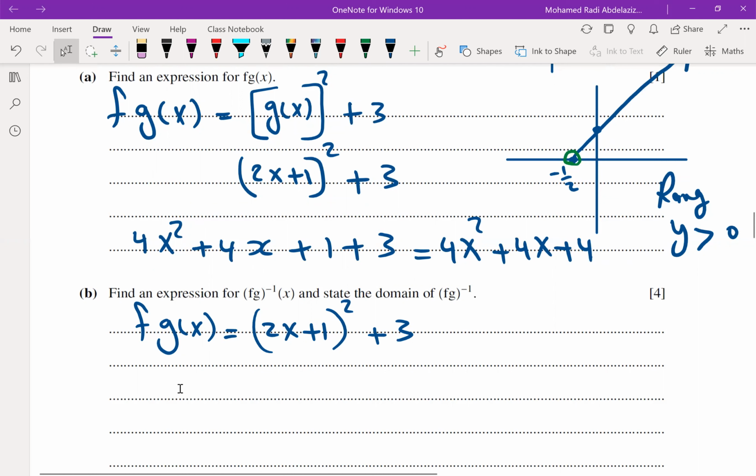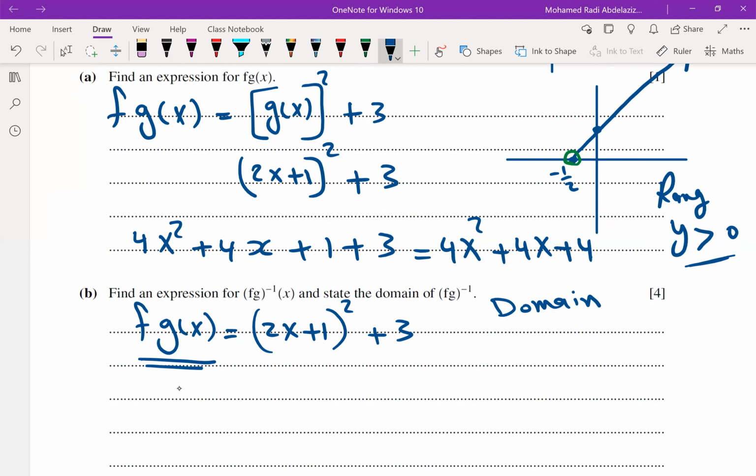The domain of the composite function is the domain of g, or parts of it. So the domain starts from x more than 0.